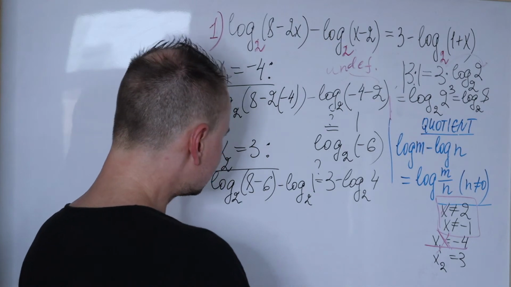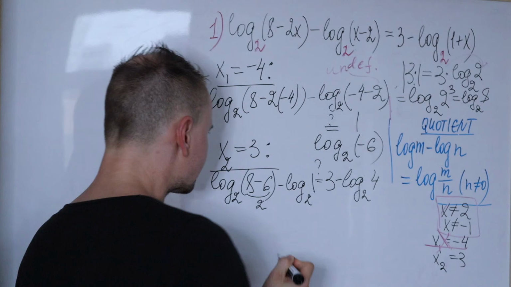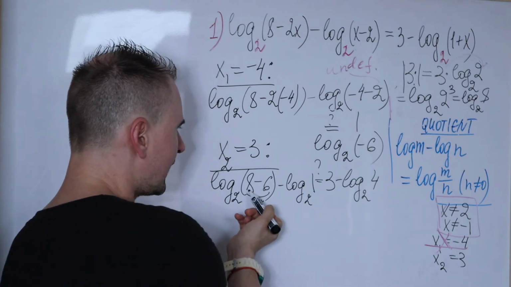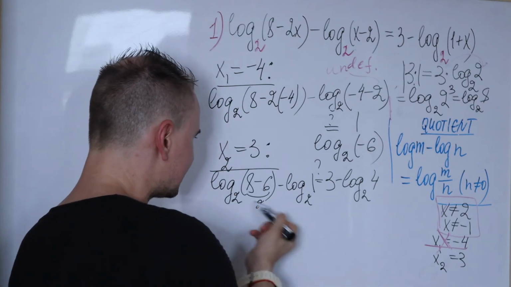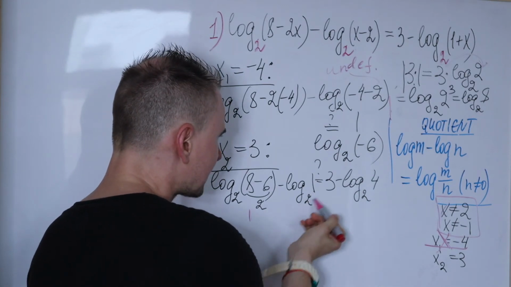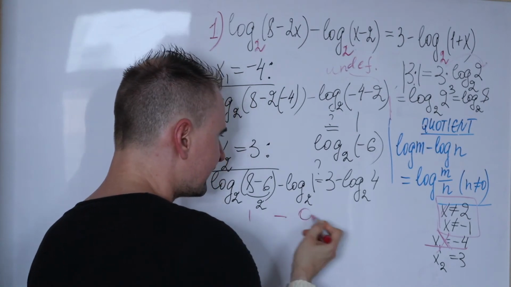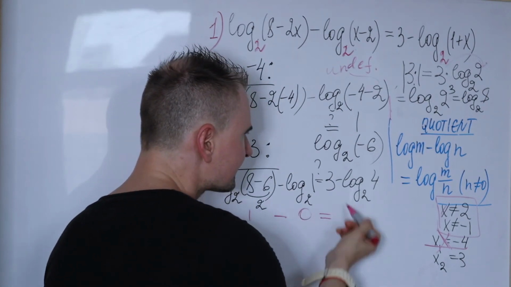Well, you could simply evaluate this even without a calculator, I believe. So this is 1. So 8 minus 6 gives you 2, and this entire log becomes just 1. This log is 0. So 1 take away 0 is still 1.